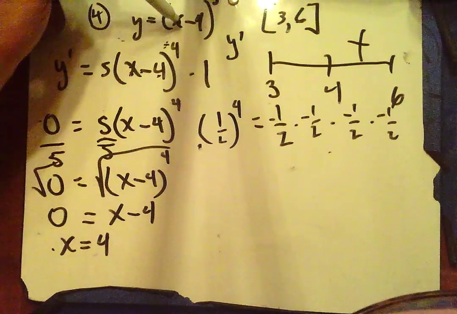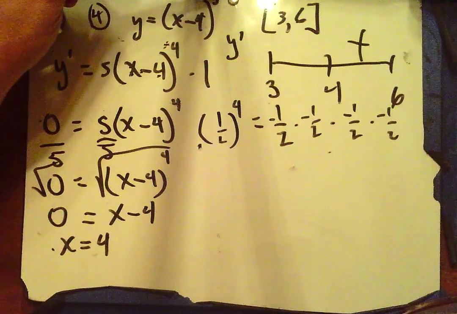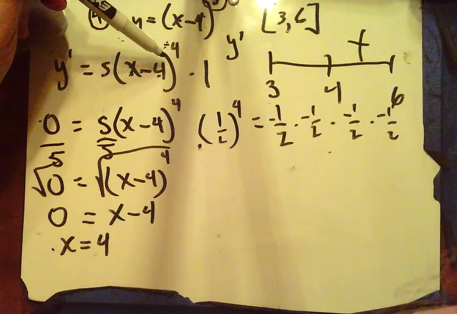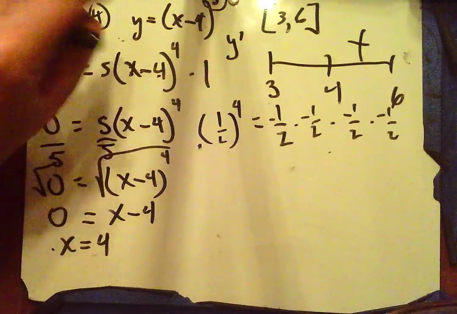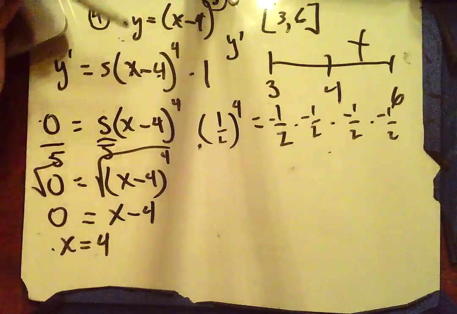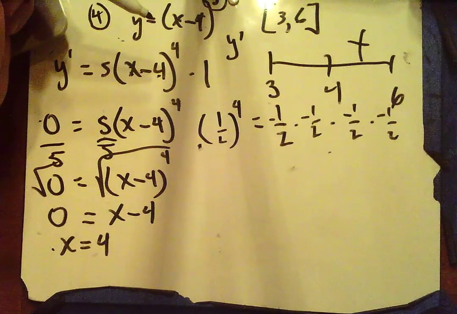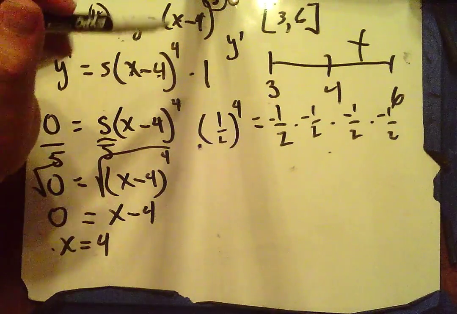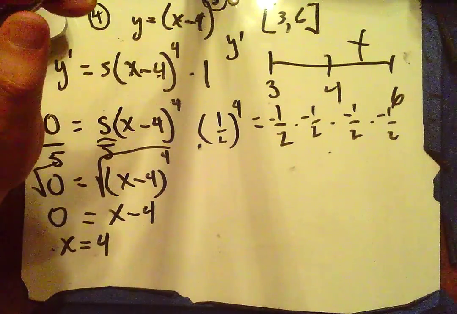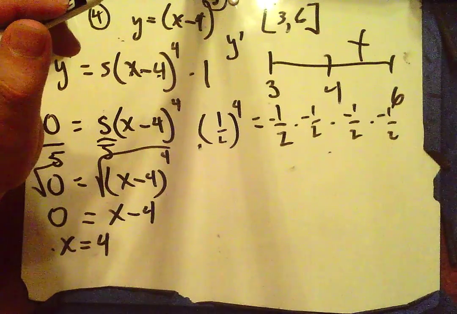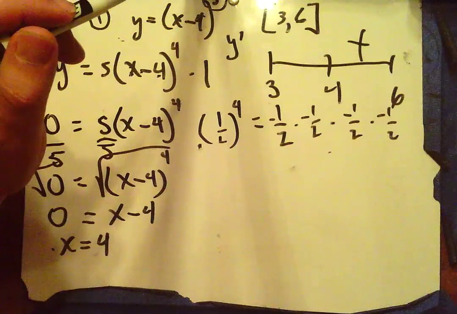3.5. 3.5 minus 4. Oh, it's to the 5th. No, I'm putting it in here because I want to see if I'm positive or negative. Huh. That's very interesting. Because negative times negative times negative times negative is definitely going to be a positive. I'm going to have positive 1/16. I don't get that.